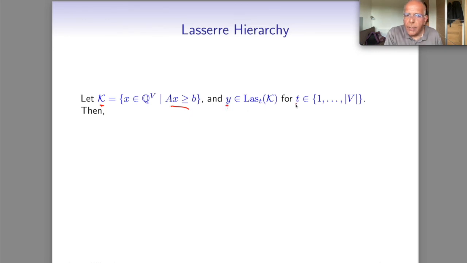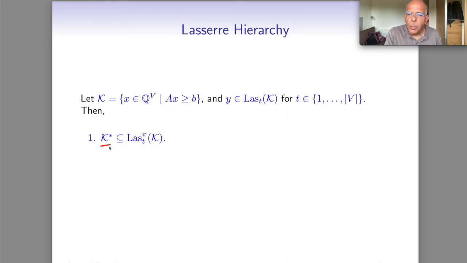Now, t will vary from 1 up to n, the number of variables. And if we have a vector y, each of these is, as it were, a tightening of this polytope. It's a further restriction.